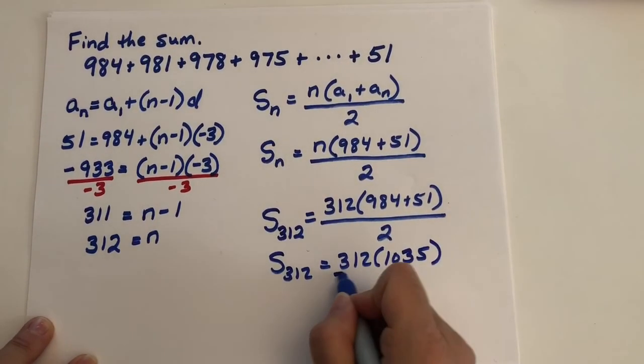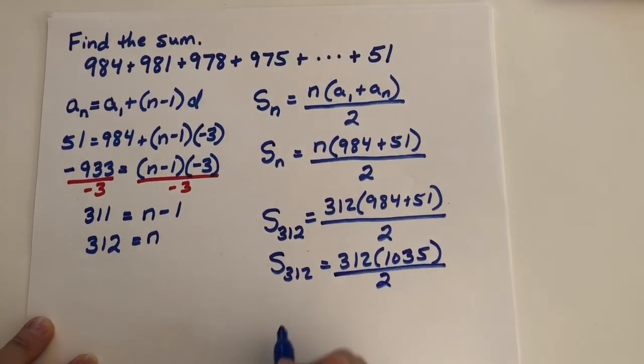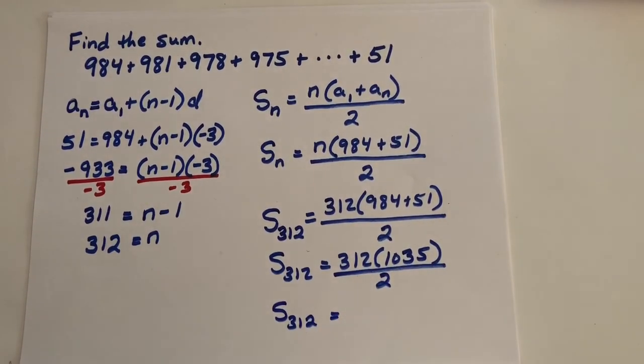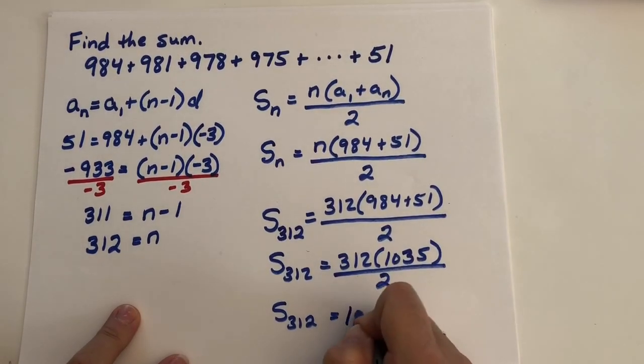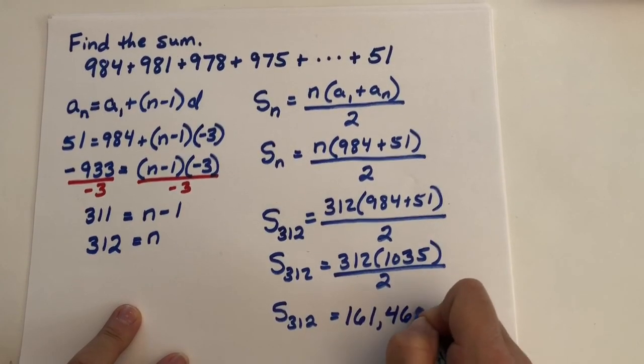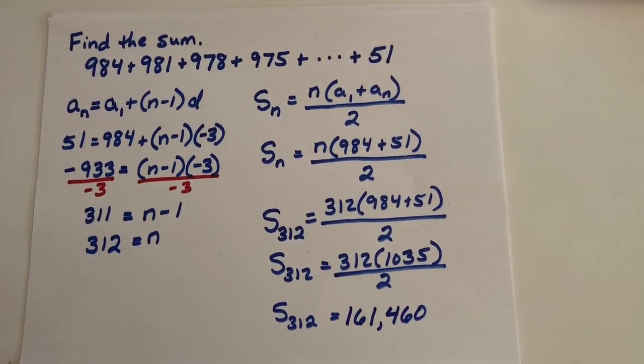And we're going to divide that by 2. So let's just do that arithmetic. 312 times 1035 divided by 2 equals 161,460, and we have the sum of this expression.